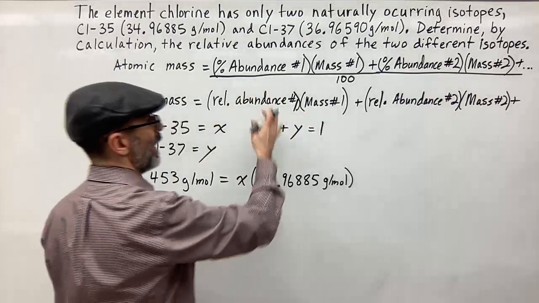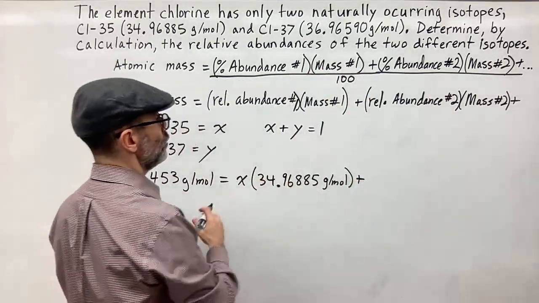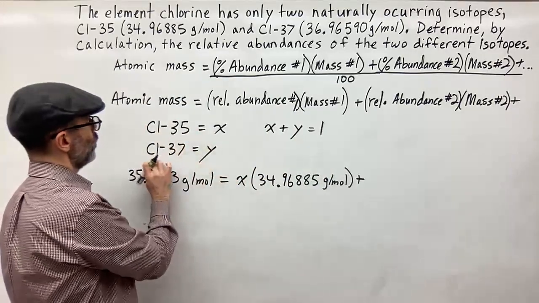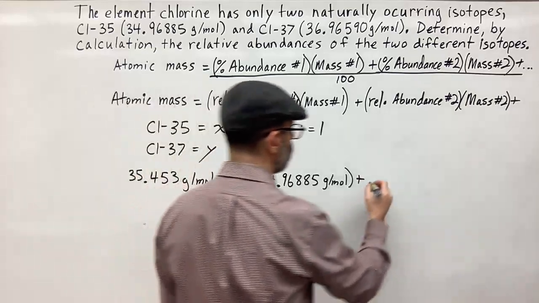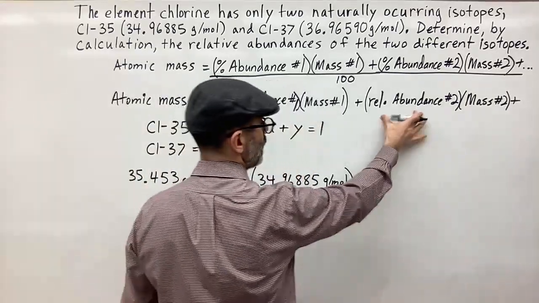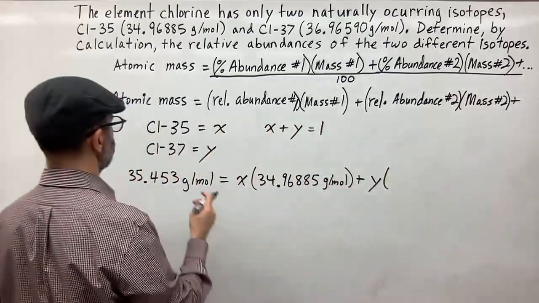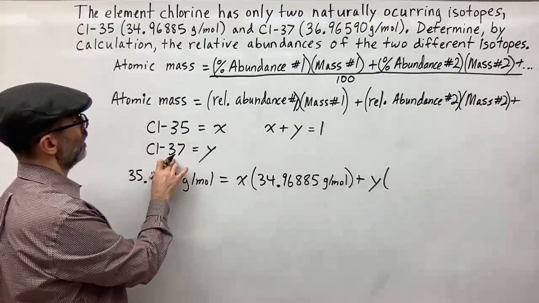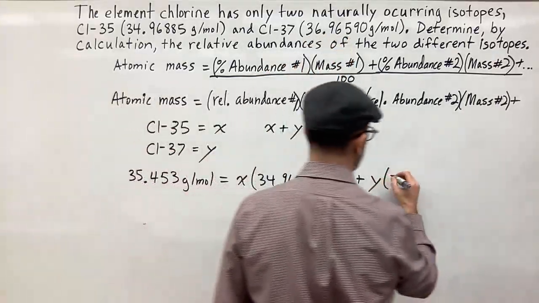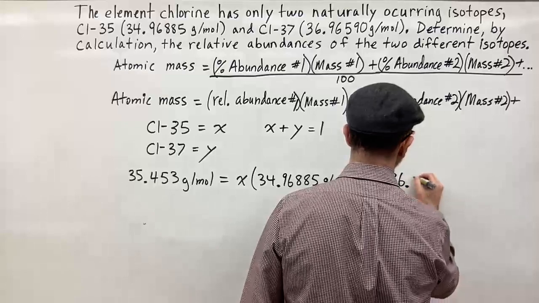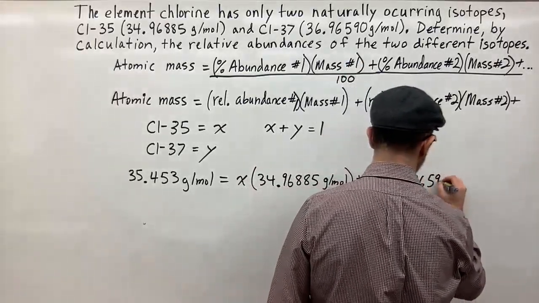And then we're going to add to that the relative abundance of the other isotope multiplied by its mass. So the relative abundance of isotope chlorine 37 is going to be Y. So we're replacing this with Y. Y times the mass of the isotope number 2, again chlorine 37, 36.96590.